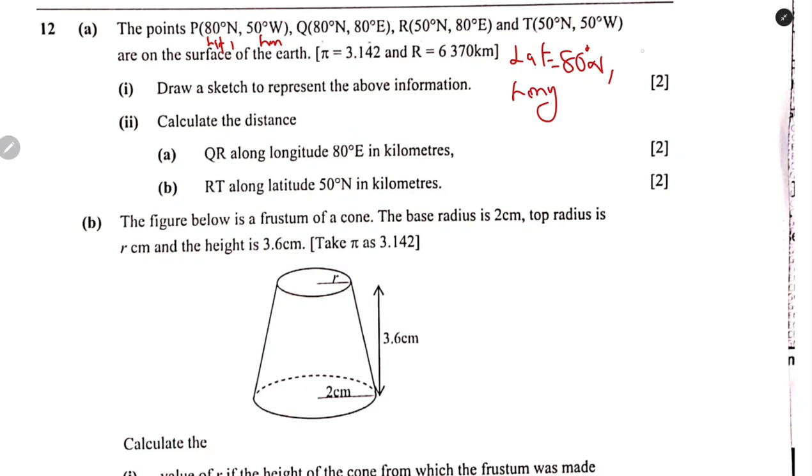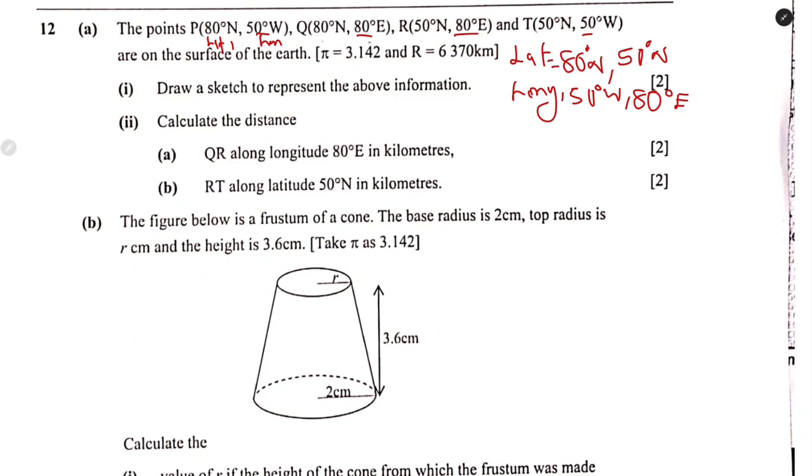Then of course 50 degrees north. So I only have 2 latitudes that I have to put up. Then longitude, I have 50 degrees west, which is this part, and of course 80 degrees east. What else do I have? It's just a repetition. So I only have 2 longitudes.